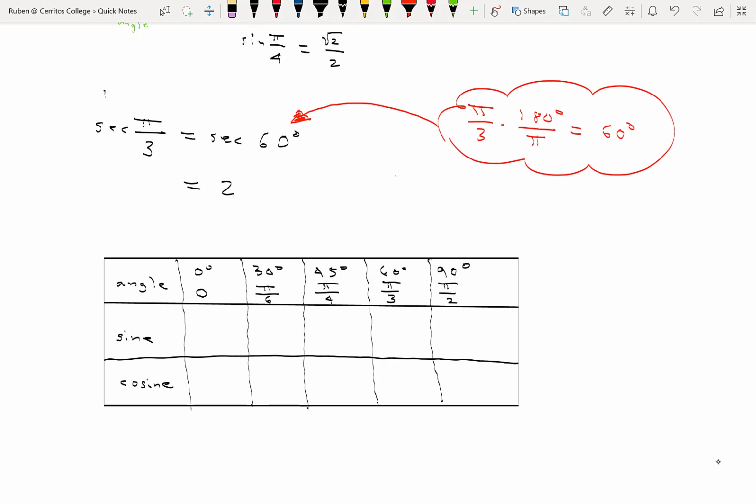To construct the numbers in the chart is very simple. All we need to be able to do is to count from 0 to 4. So I'm going to write 0, 1, 2, 3, and 4. Then I'm going to count from 4 back to 0: 4, 3, 2, 1, and 0.